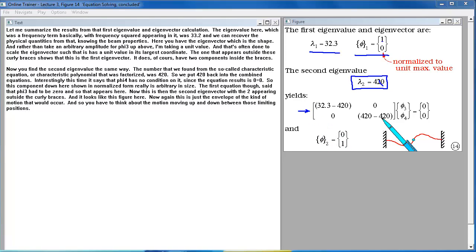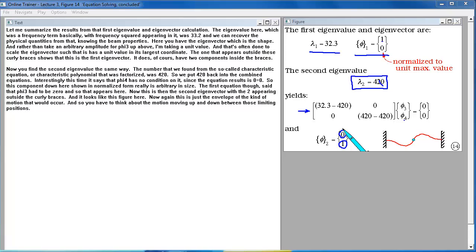Interestingly, this time it says that phi4 has no condition on it since the equation results in 0 equals 0. So this component down here, shown in normalized form, really is arbitrary in size. The first equation, though, said that phi3 had to be 0, and so that appears here.